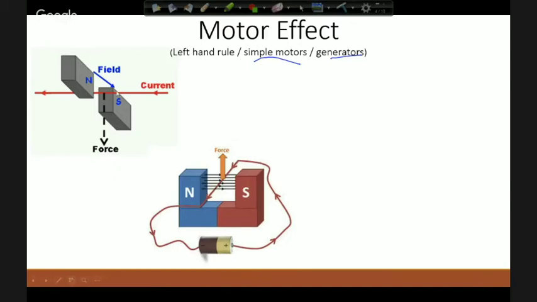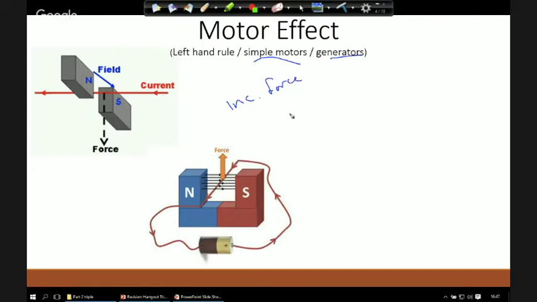So if we want to increase the force, here's our wire inside a magnet. If I want to make this force bigger, well, there's only really two components in it, a magnet and a wire carrying current. So if I want to increase the force, I simply need to increase current or a stronger magnet.